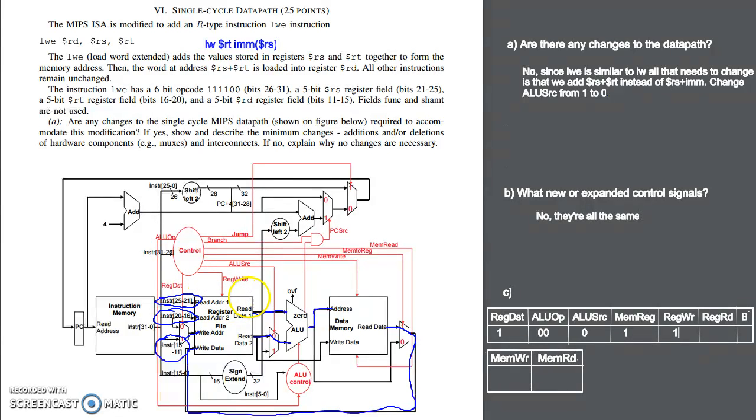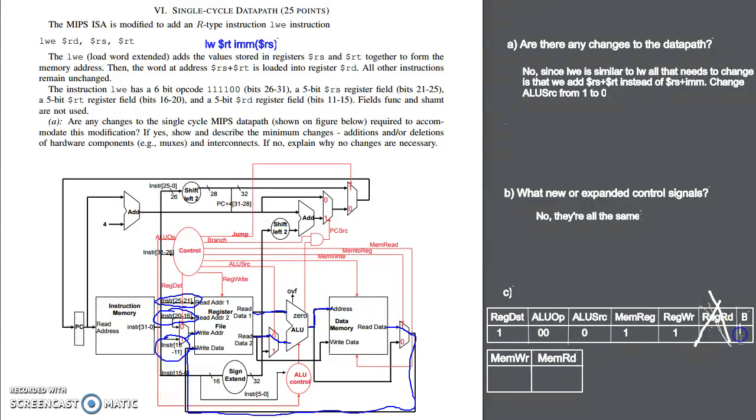Yes, we are writing to register RD. Register read. I think this here is a typo. This is supposed to be for memory, so just ignore that one.